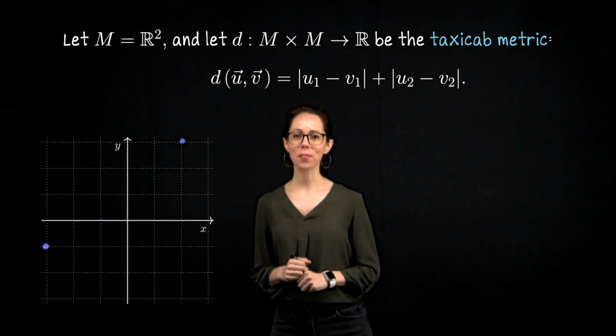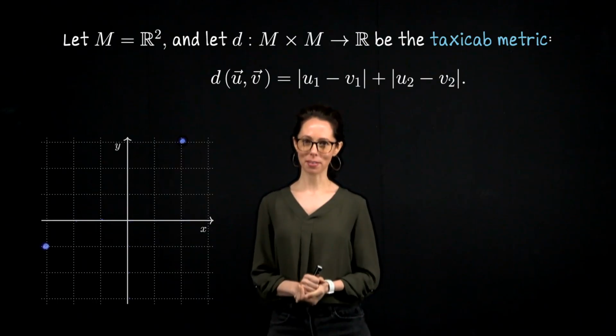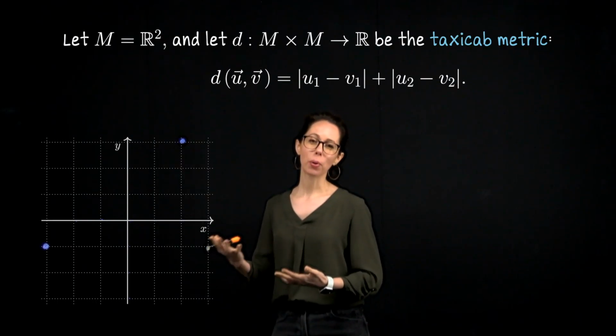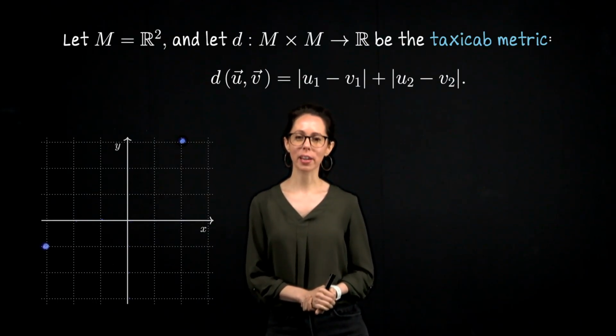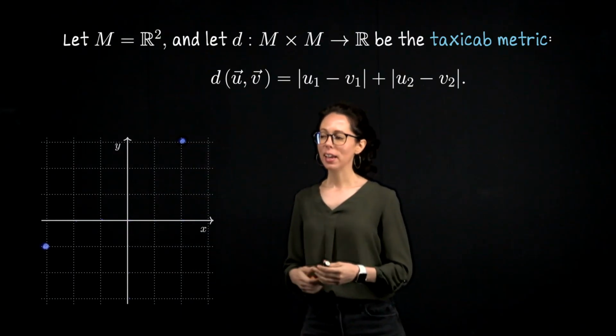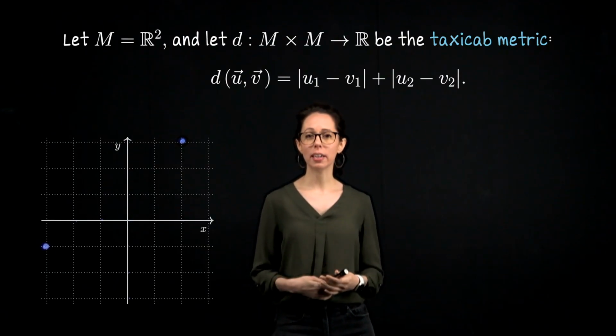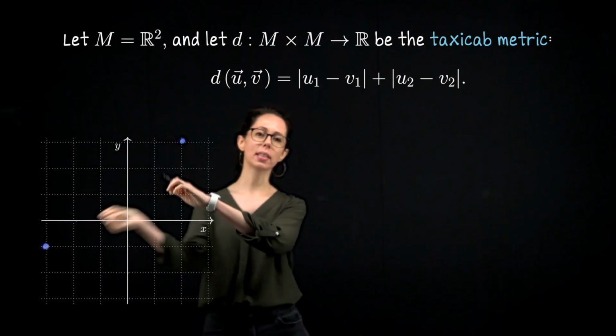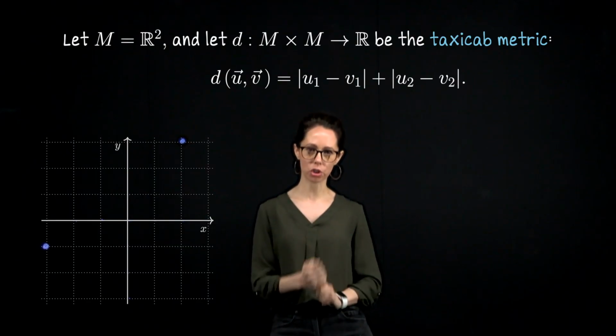All right, let's make a few visual observations about this metric space. The first thing I want to point out is something you may have realized when I was talking about why this is called the taxicab metric. And that is that there is not a unique path between 2 different points in the city unless they are on the same street.